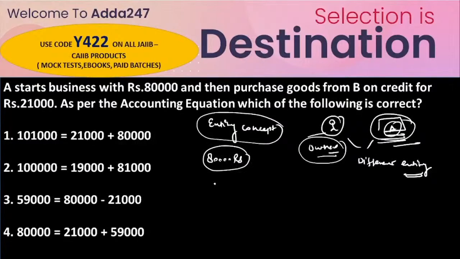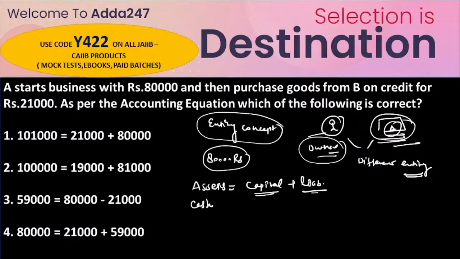What we understand by the balance sheet equation is that assets equal capital plus liabilities. For the company's point of view, that is capital, and from the owner's point of view, that is cash.